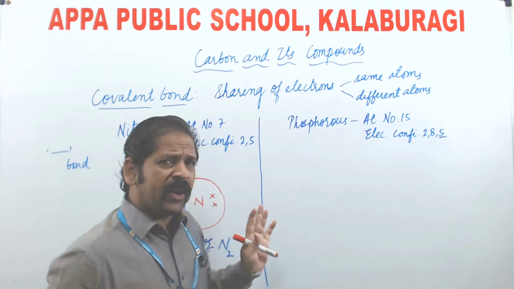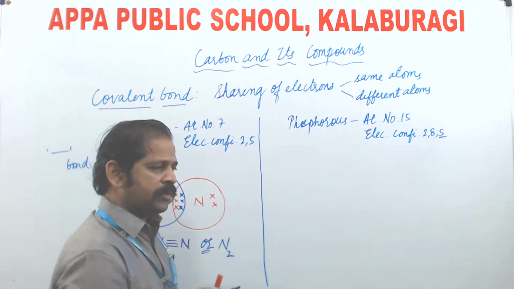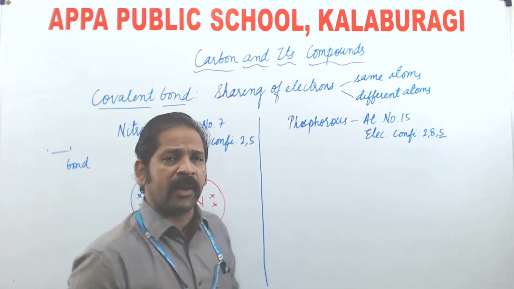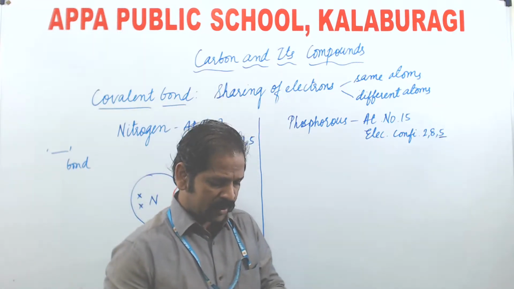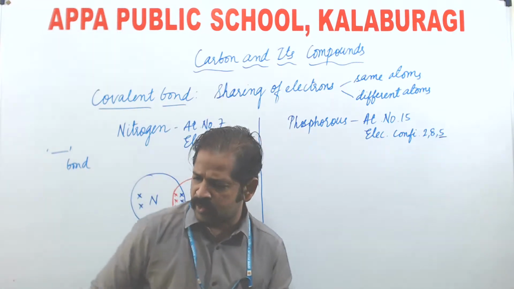Now, a bit different will be there, it will not be like a circle shape. I will show it in a different way: four different phosphorus atoms with four different colors of pens.